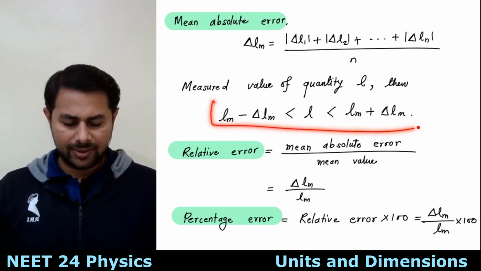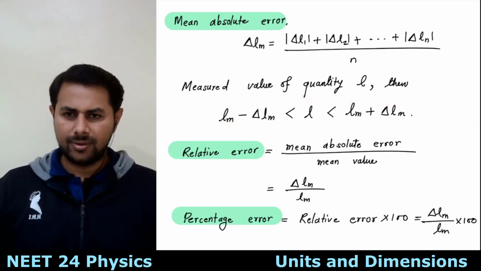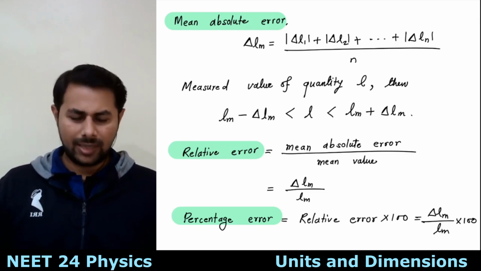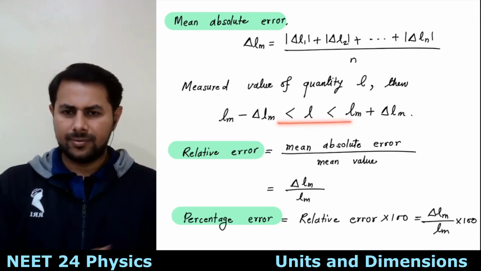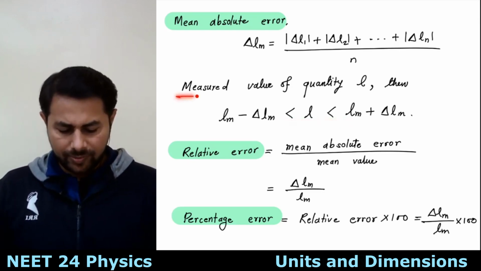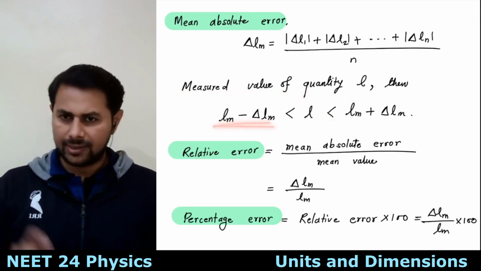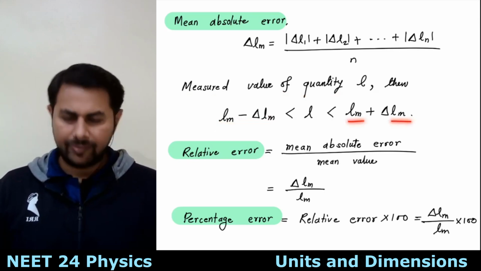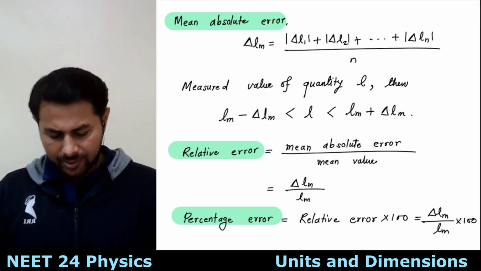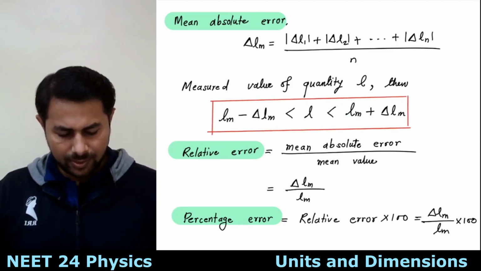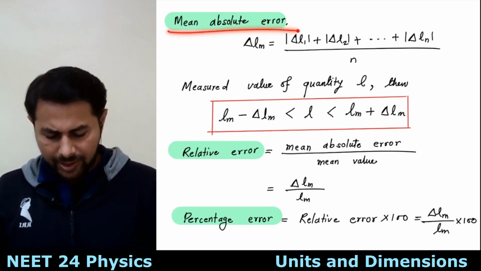This thing is clear? Yes, no? Okay, unless you are taking very biased measurement, right? Okay, so the measured value of a quantity generally lies between Lm minus delta Lm and Lm plus delta Lm. Alright, so this is the mean absolute error.